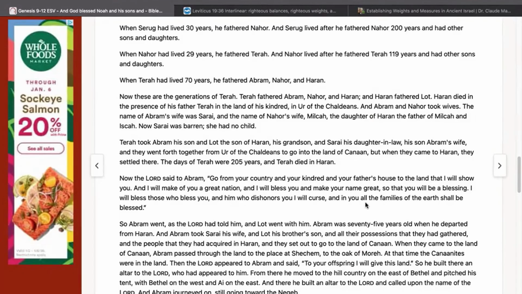And in you all the families of the earth shall be blessed." So Abram went as the Lord had told him, and Lot went with him. Abram was 75 years old when he departed from Haran. And Abram took Sarai, his wife, and Lot, his brother's son.